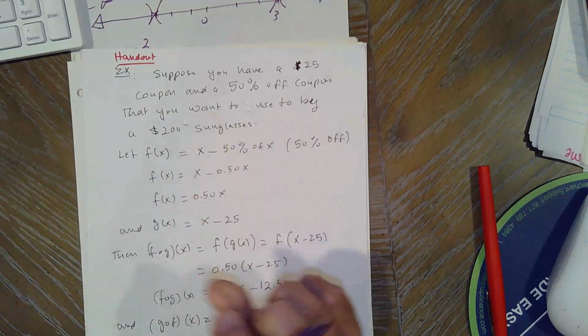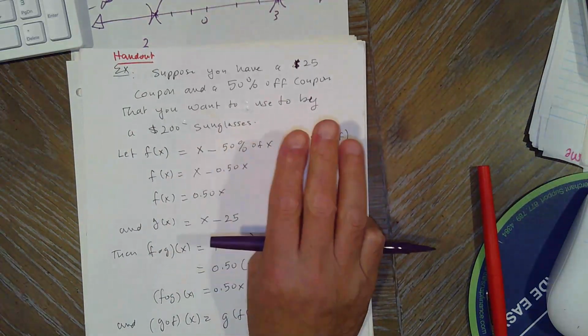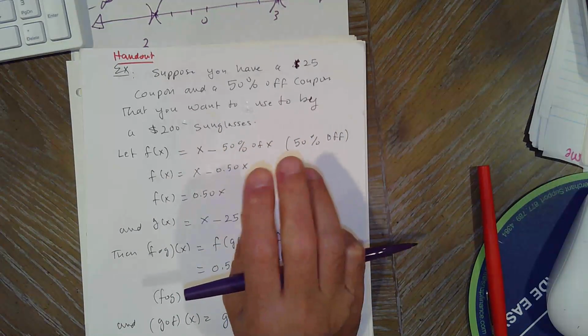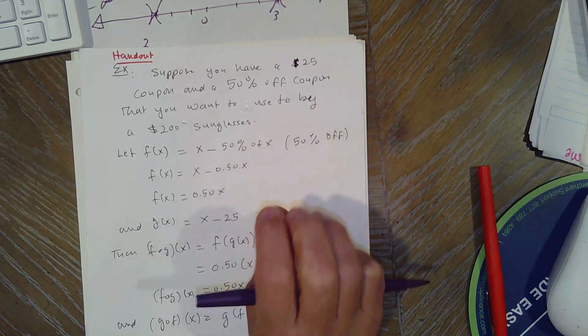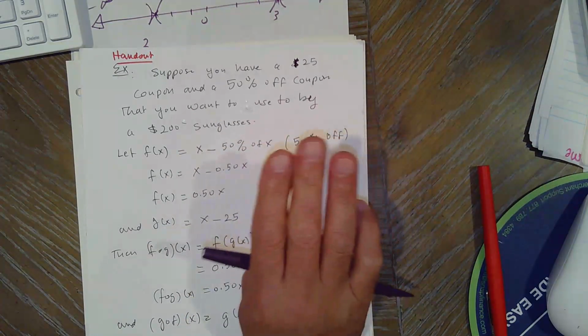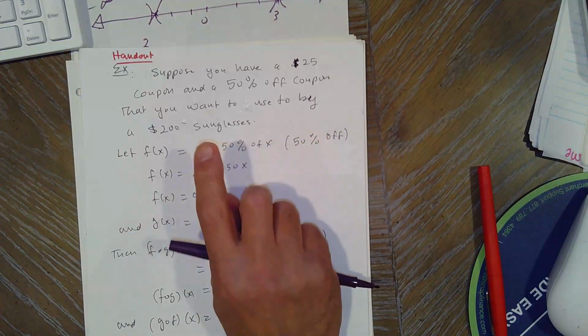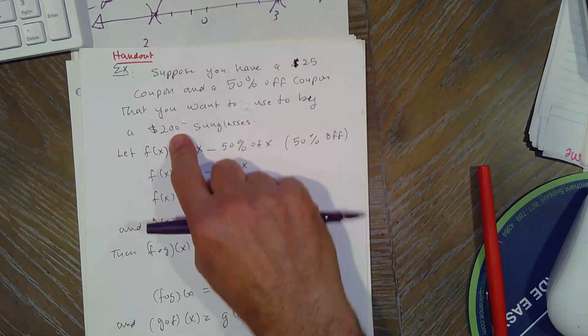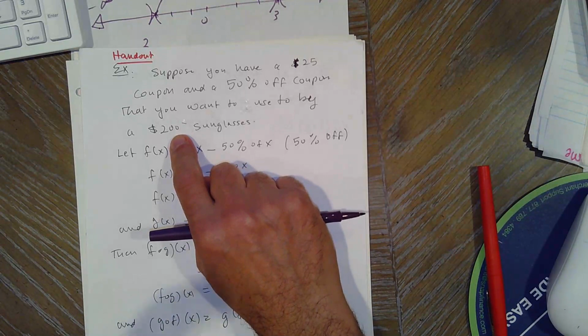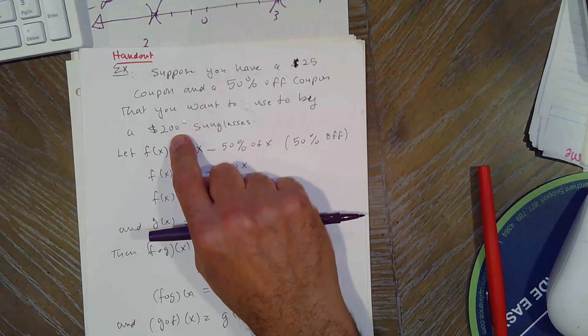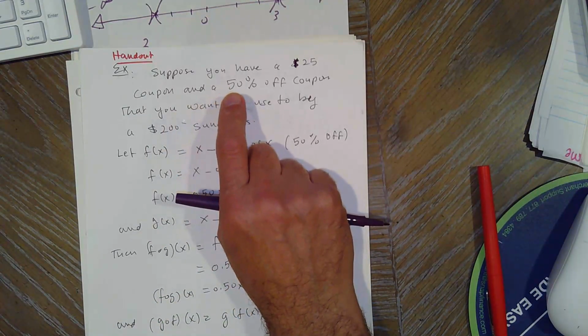So you went to the store and you have a $25 off coupon, and then they say you can use a 50% off coupon that they have in store. But you want to use them concurrently. So which one do you use first and which one would give you a better deal?